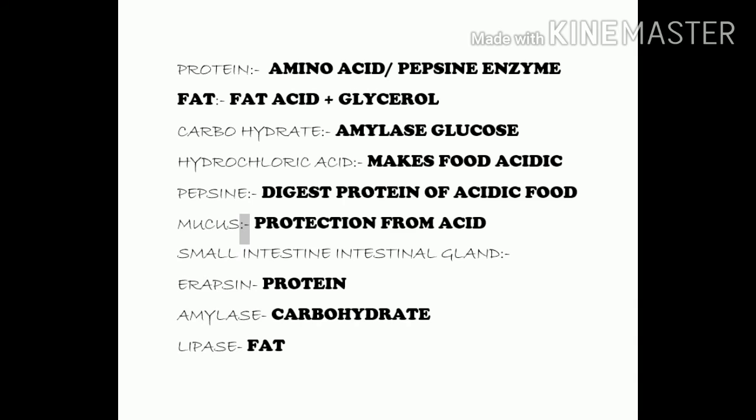Intestinal juice also contains a number of enzymes like aminopeptidases, intestinal amylase, maltase, isomaltase, and lipase, which hydrolyze peptide to amino acid, starch to maltose, maltose to 2 glucose, isomaltose to 2 glucose, and fat to fatty acid and glycerol. So, the small intestine is the site of complete digestion of carbohydrate, protein, and fat.